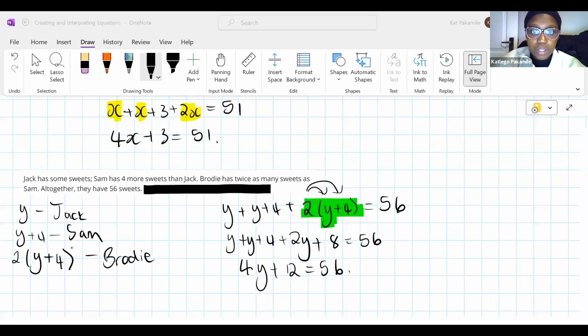Oh, okay. Do you see why we had to use brackets? It's not 2 times Y, it's 2 times all of what Sam has, which is Y plus 4. That's why we used brackets. Oh, okay. Thank you, ma'am. And then here there are 2 Y's. After we established how many sweets everybody has, we added them.